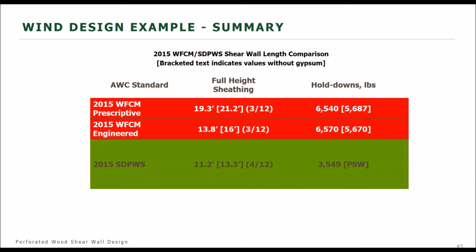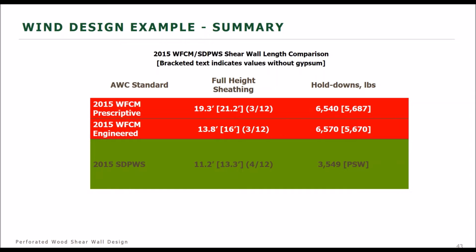And the language that allows that is in 4.3.6.2. So here's our summary table that shows our required full height sheathing lengths and our required hold down capacities using those three different design methods that we discussed.